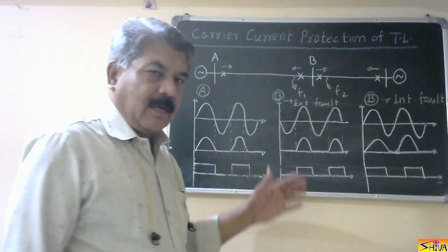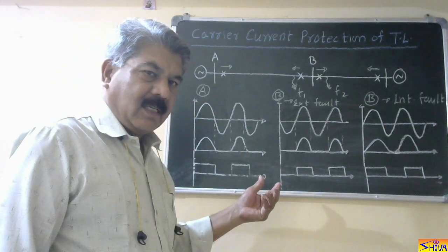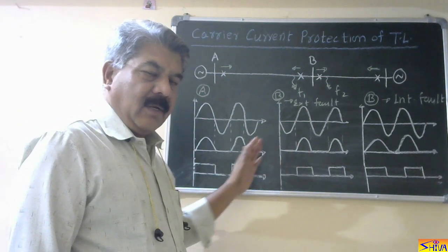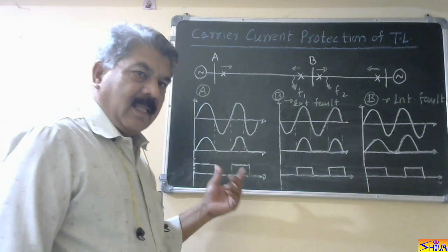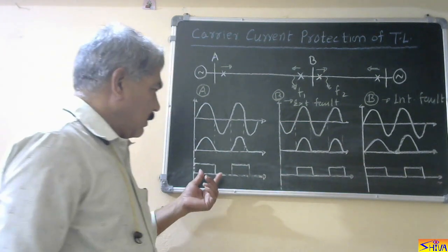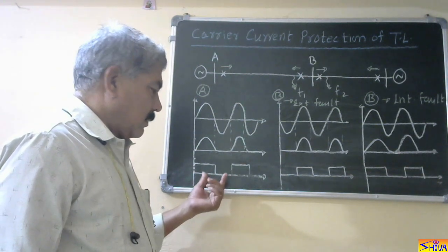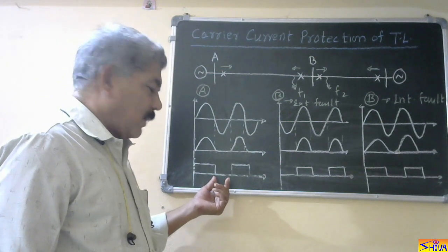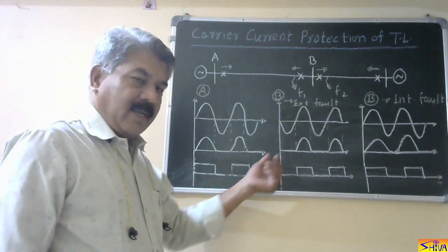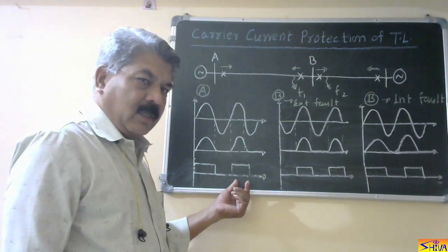Now in carrier current protection, these signals converted into high frequency signals are transmitted from end A to B as well as from B to A, and then they are rectified. So if we sum up these two signals, then we find that at end A, the signal from 0 to 180 degree is due to the current at A, and after receiving the signal from B, the signal will be present from 180 degree to 360 degree.